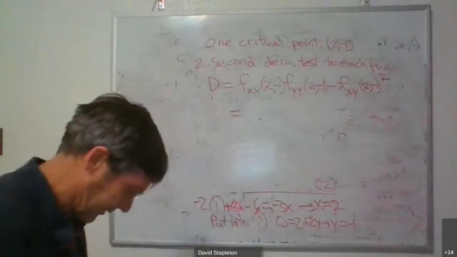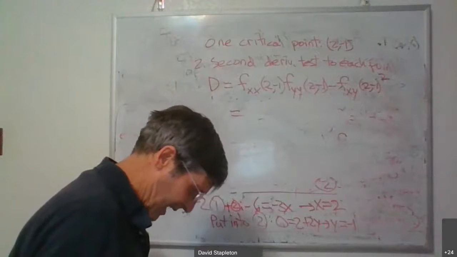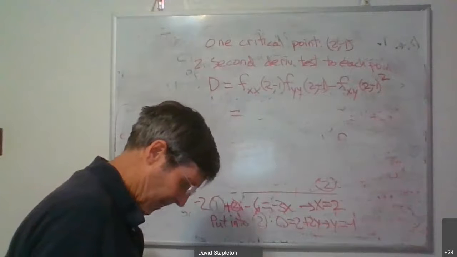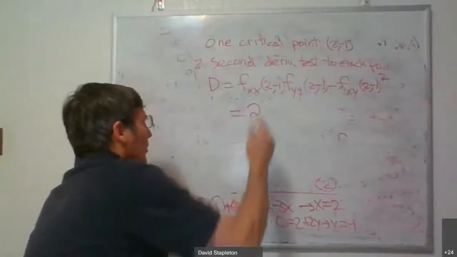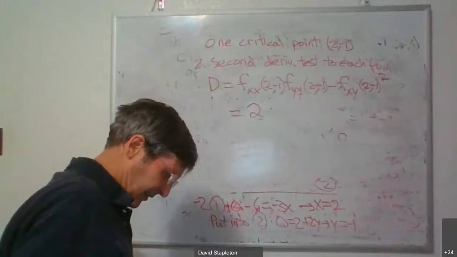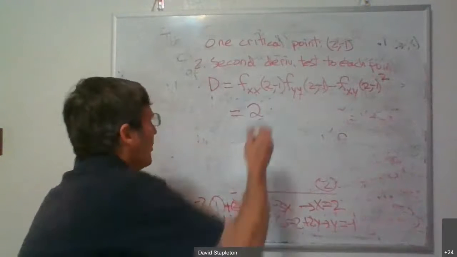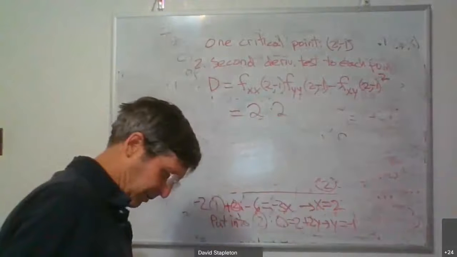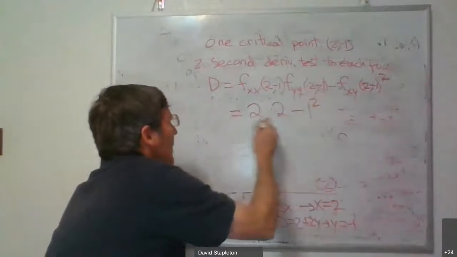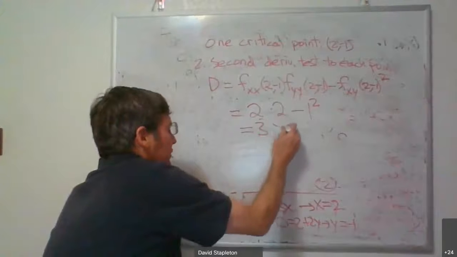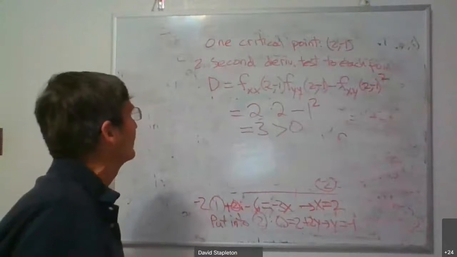The second derivative with respect to x was 2 at all points. The second derivative with respect to y was 2 at all points. And the mixed partial derivative was 1. So D is equal to 3, which is positive. We don't care about its exact value. We just want to know if it's positive or negative for this test.